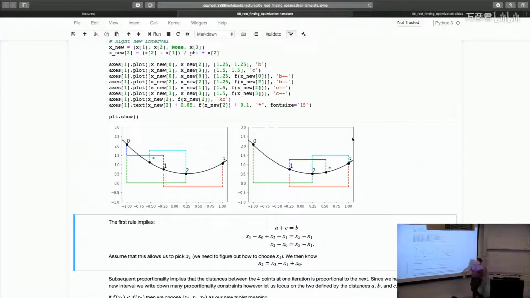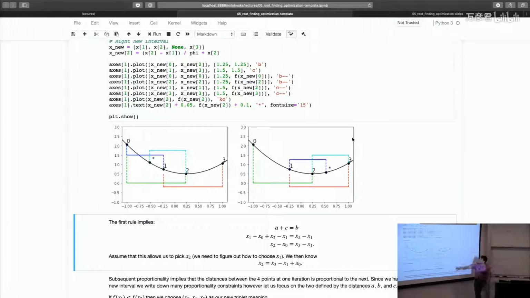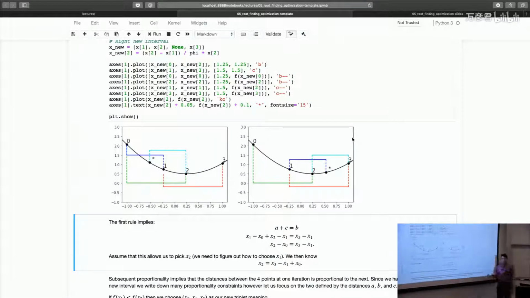So that gives me, if you want to look at it this way, x0, x2 will be the new x3, x1 is going to be the new x2, counting 0, 1, 2, 3, and then the new point's x1. Similarly, on this side, the new x0 is the old x1, the old x3 is the new x3, the old x2 is going to become x1, and then we have a new point. So it's just that new point, and it has all to do with the fact that I know this distance has to be proportional every single time I go down.